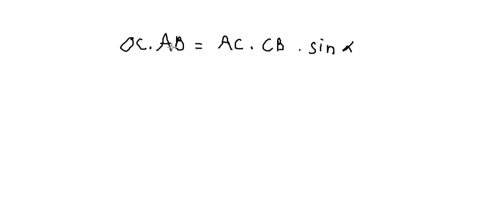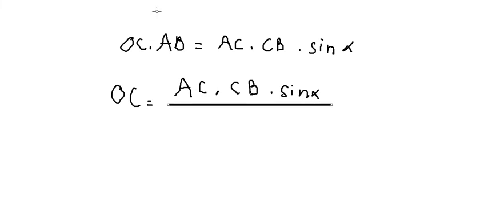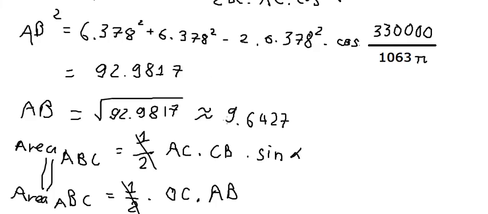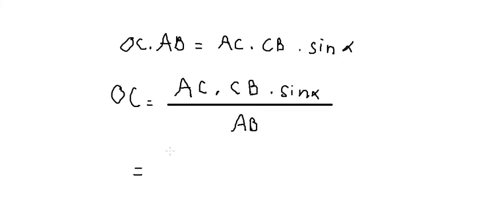So we just divide both sides by AB. We have AC, CP. This is the radius of the Earth.